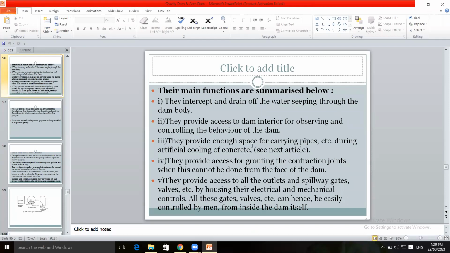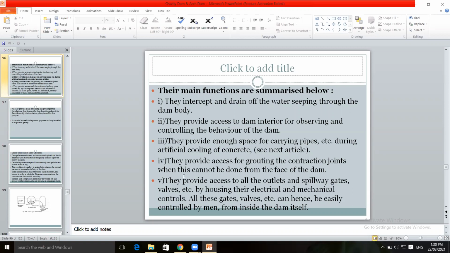They provide enough space for carrying pipes during artificial cooling of the concrete. By providing the space, we can carry the pipes through the galleries. This is the third function.